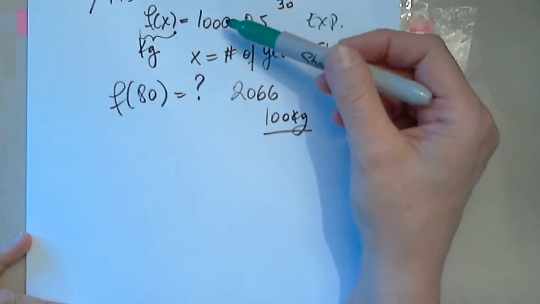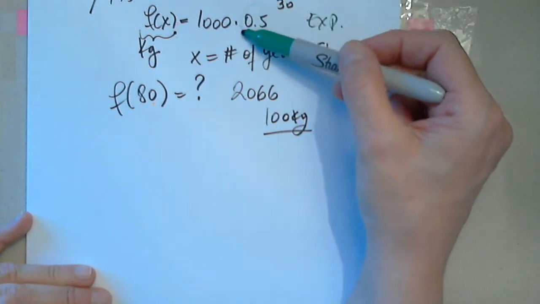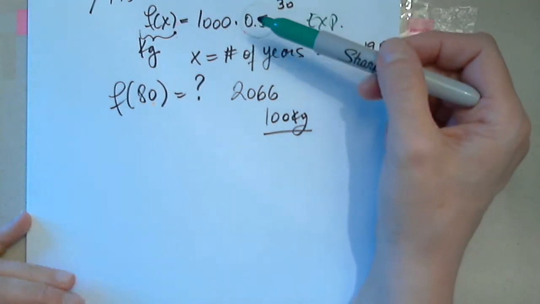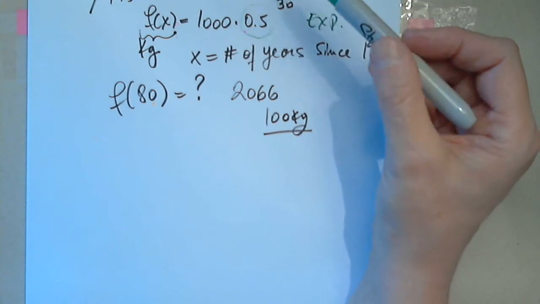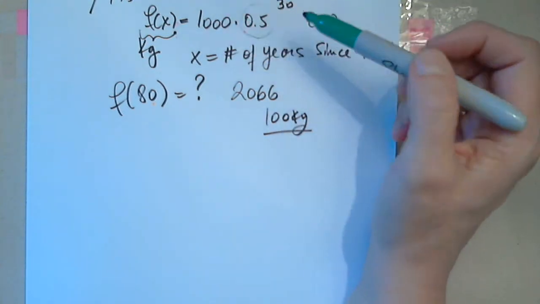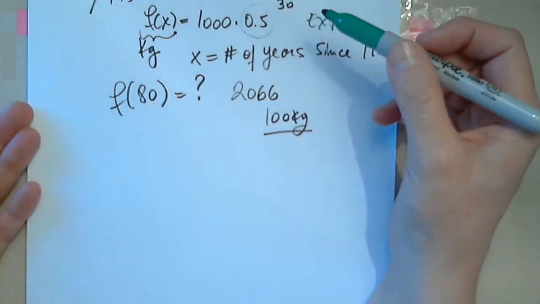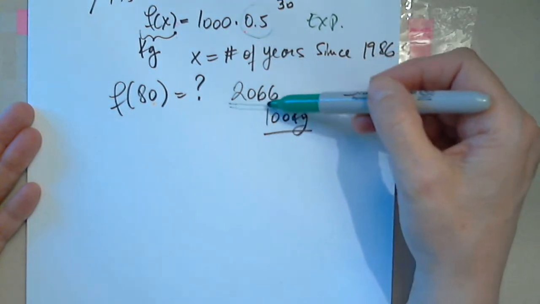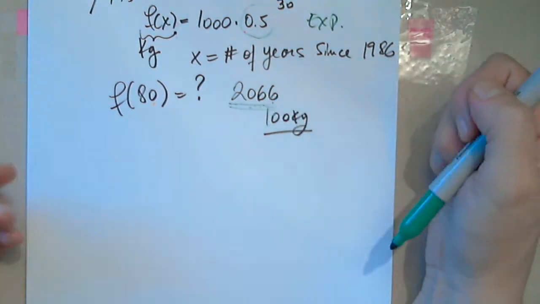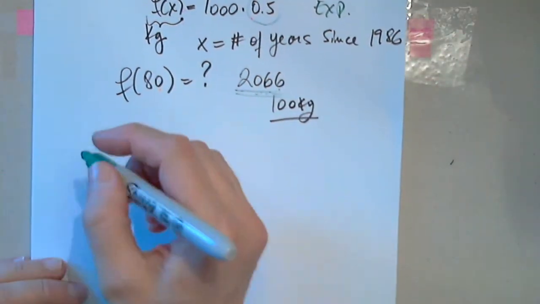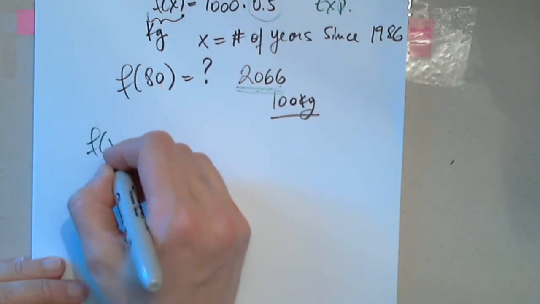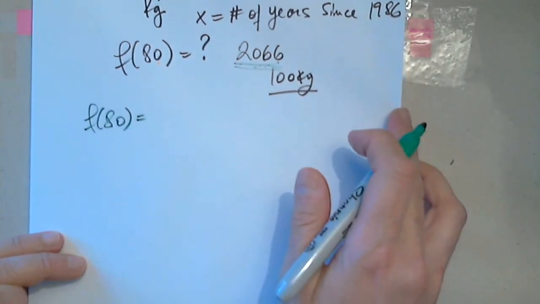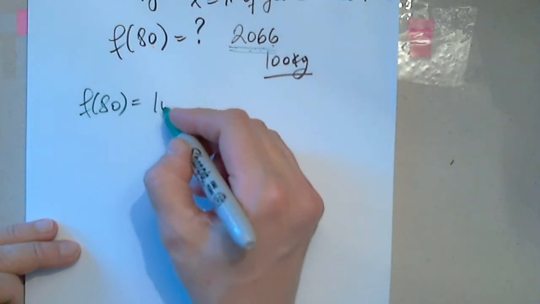It has a base. Is this base smaller than 1 or bigger than 1? So obviously we expect this to decrease in time, but we don't know if the atmosphere is safe. Okay, so all I have to do is determine f of 80 and tell those people yes or no.